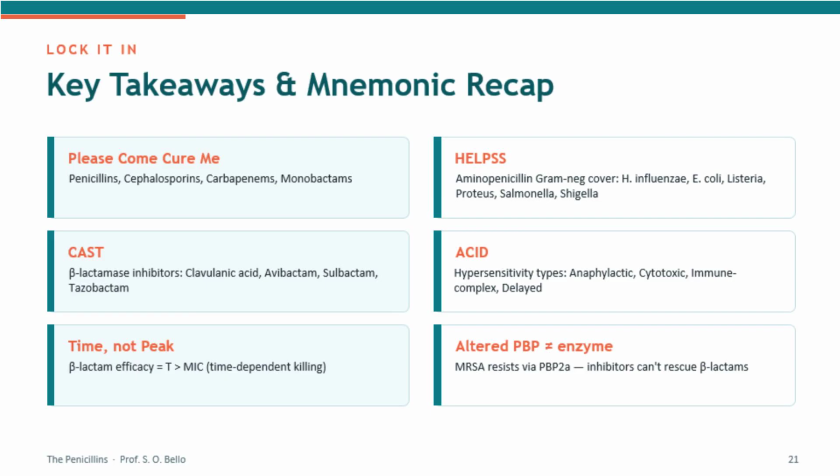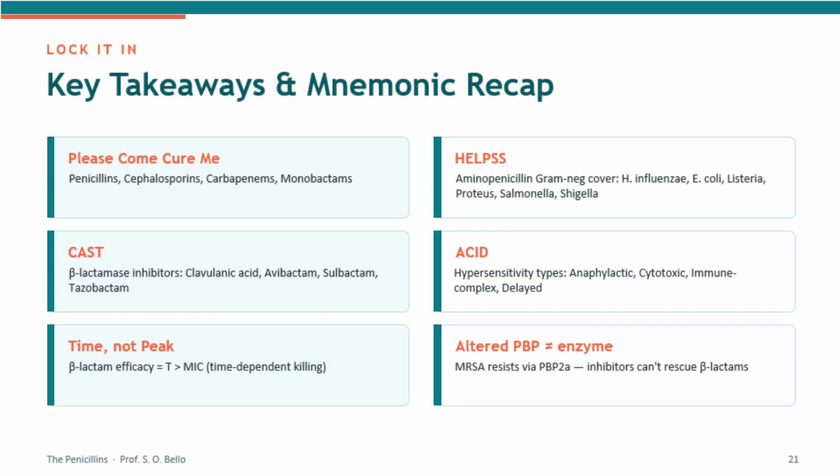HAPLES captures the extra gram-negative coverage of the aminopenicillins: Haemophilus, E. coli, Listeria, Proteus, Salmonella, Shigella. CASTs is the four beta-lactamase inhibitors: clavulanic acid, avibactam, sulbactam, tazobactam. ACID lists the Gell-Coombs hypersensitivity types: anaphylactic, cytotoxic, immune complex, delayed.